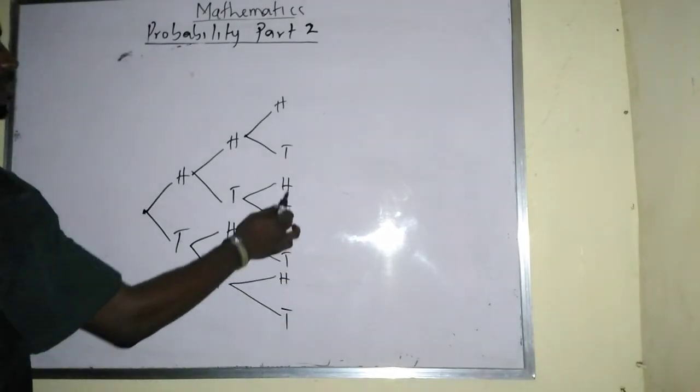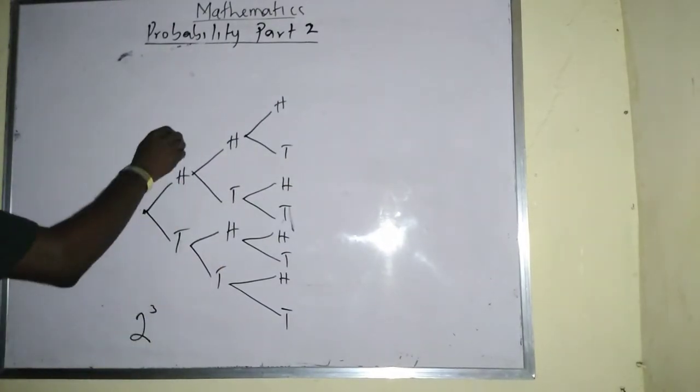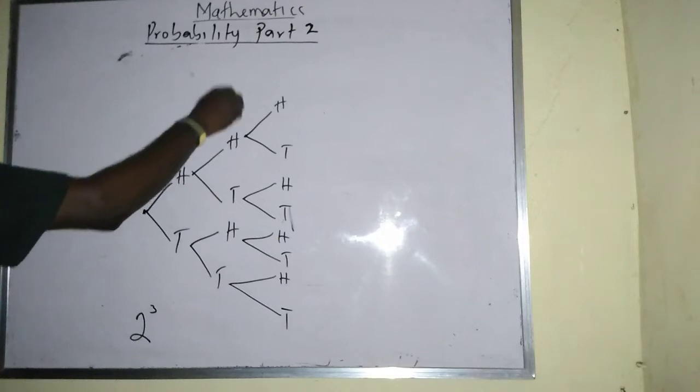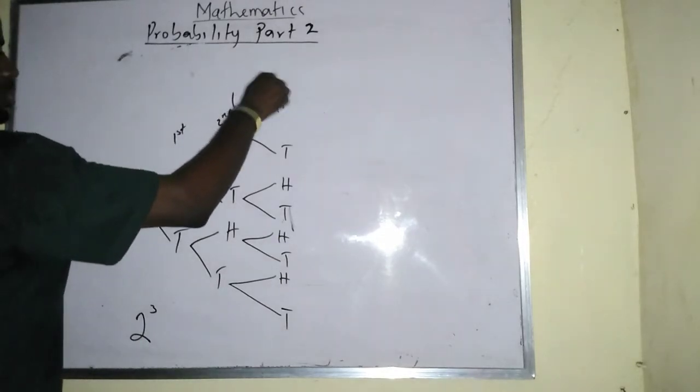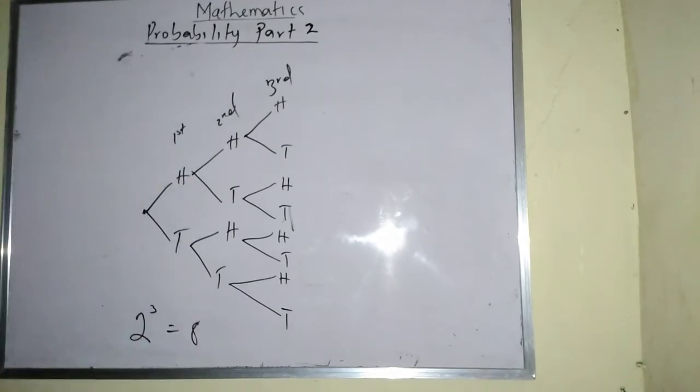Now, how many am I having here? 1, 2, 3, 4, 5, 6, 7, 8. You can see that 2 raised to power 3, first, second, and third, is going to be 8. That is what I mean.